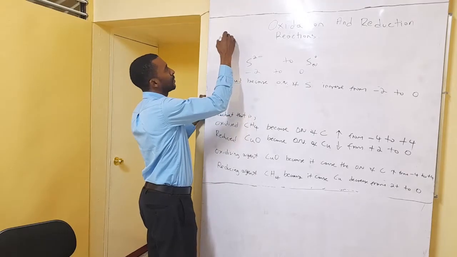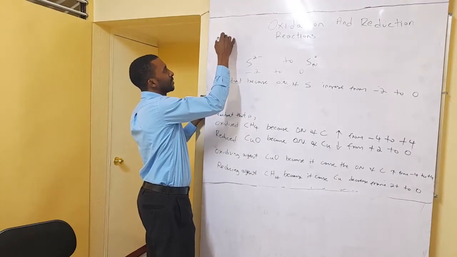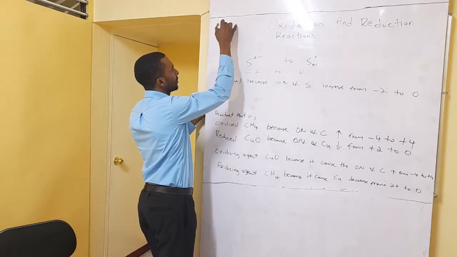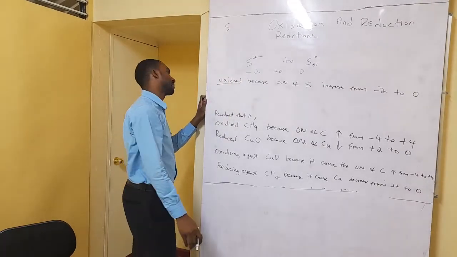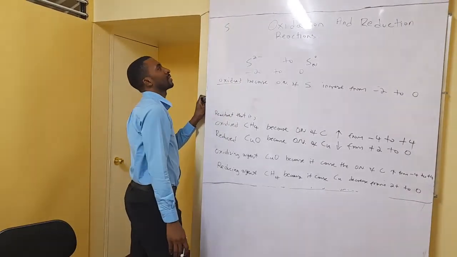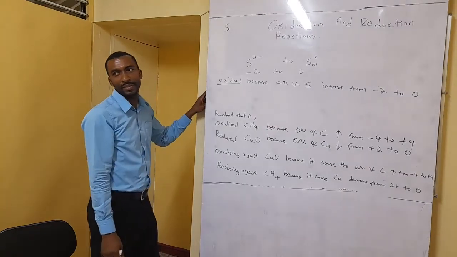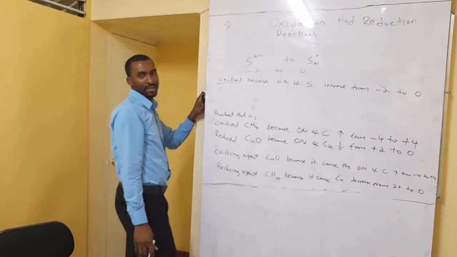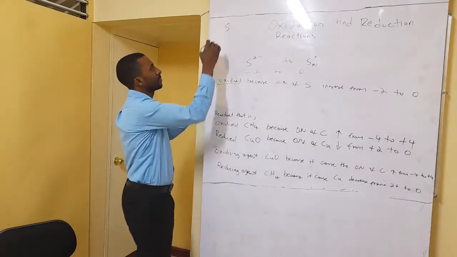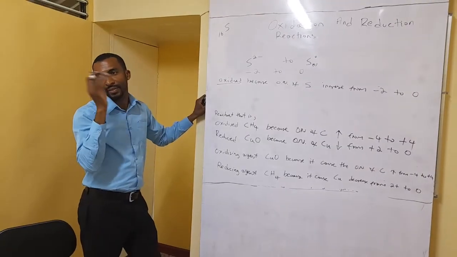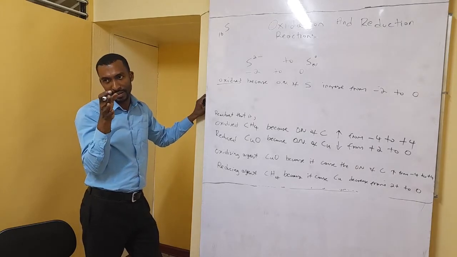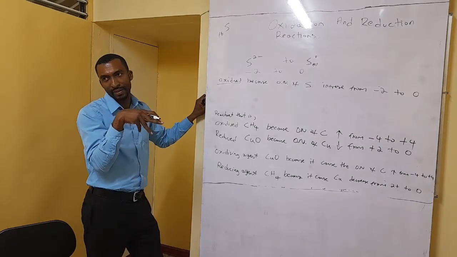So sulfur, what's the atomic number for sulfur? It is below oxygen in the periodic table. It has 16 electrons: 6 electrons in the outer shell, 8 in the second shell, and 2 in the first shell.